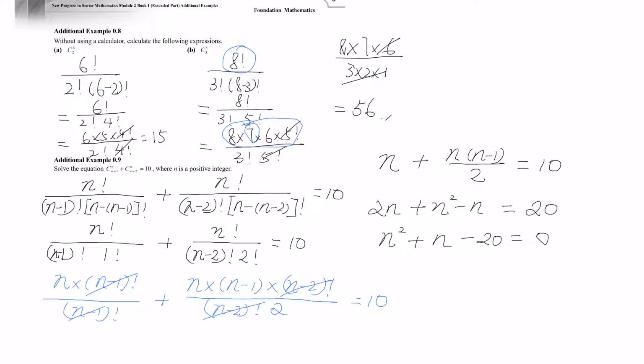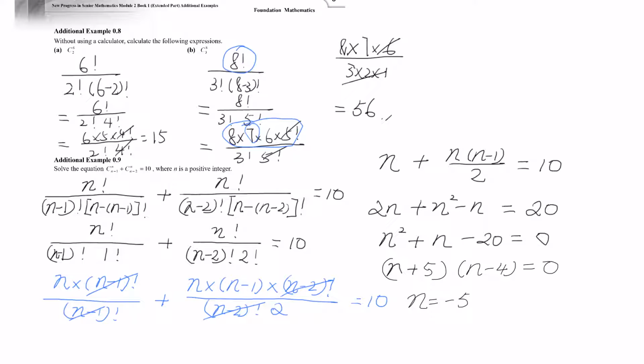You can solve it using what you have learned in the topic of solving quadratic equations, and then we have n plus 4... Oh, no, sorry, it should be n plus 5, and then n minus 4 equals 0. Therefore we have two possible answers, n equals minus 5 or 4.